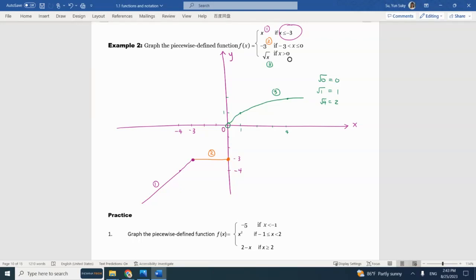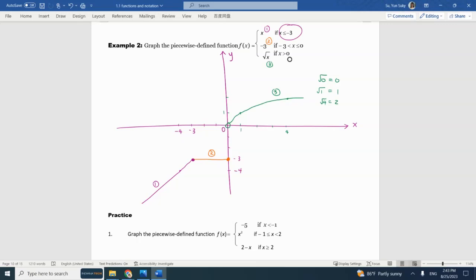So you just put them like this. You start at negative 1, so that's where it starts.